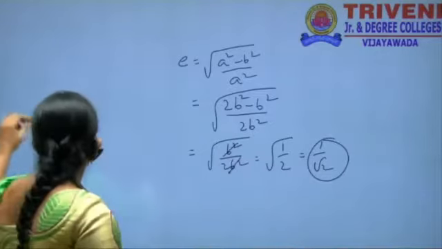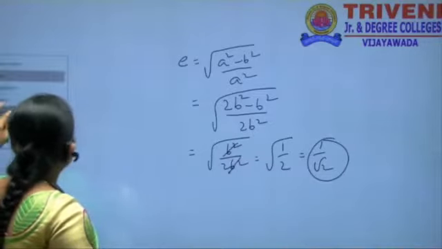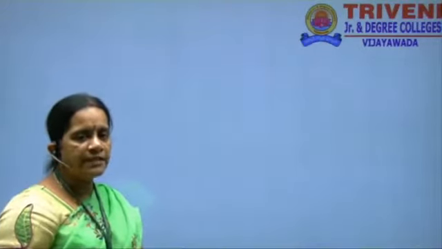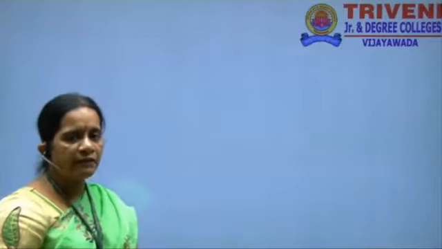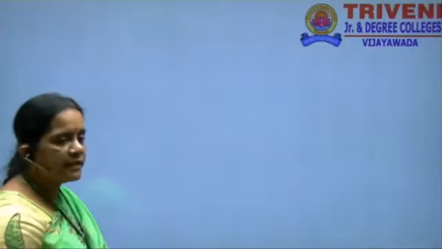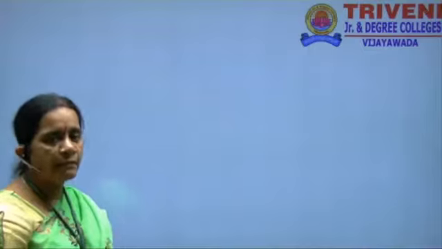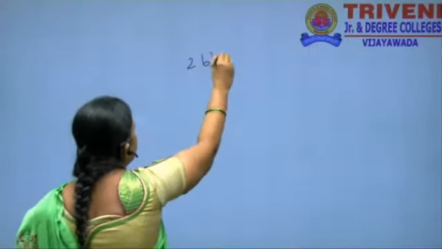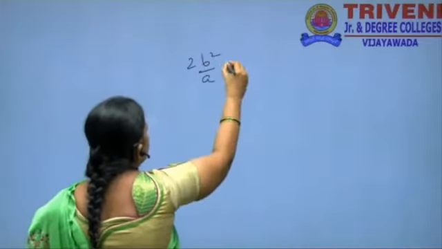Similarly, we have to find the eccentricity of the ellipse in standard form when the length of the latus rectum is equal to half of its minor axis. Here the length of the latus rectum is 2b square by a.